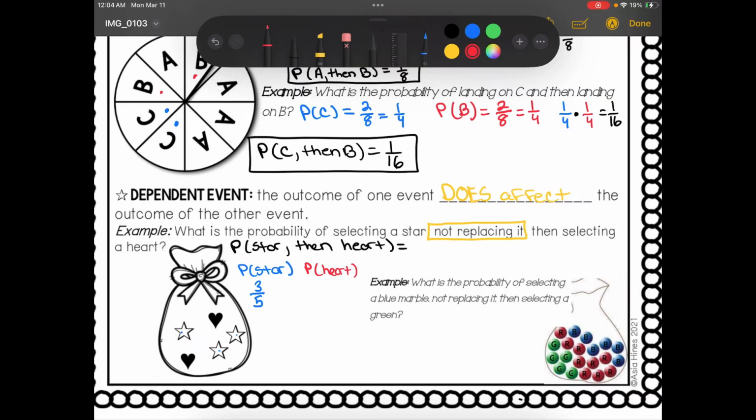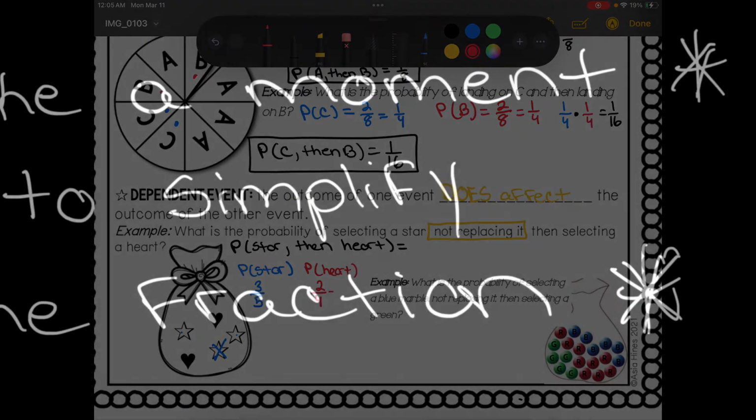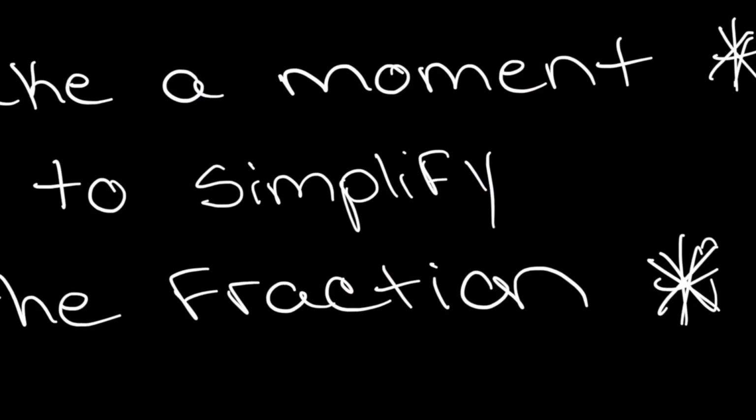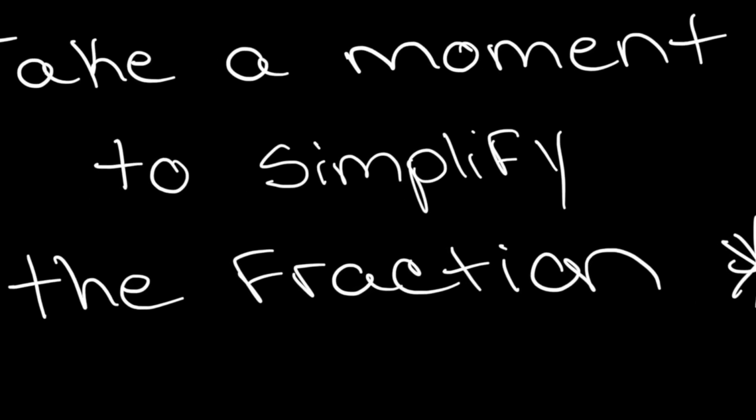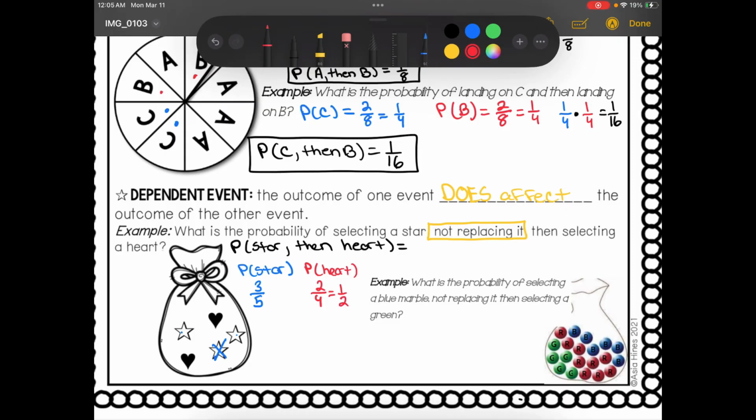So here is what makes it dependent. The fact that when I pull the star out, it is not replaced changes the number of items in the bag. So there are no longer 5 items in the bag. There are only 4 items in the bag. So that means 2 hearts out of 4, which simplifies to 1/2.